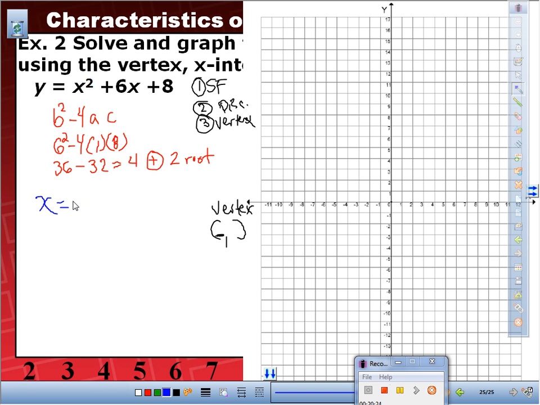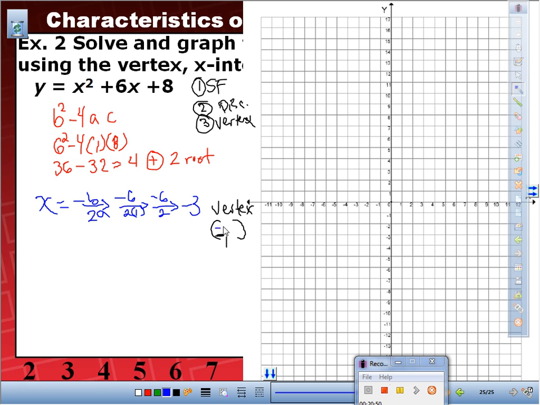X equals minus b over 2a. Okay, so let's see. Negative times what? 6 over 2 times 1, which becomes negative 6 over 2, which becomes negative 3.